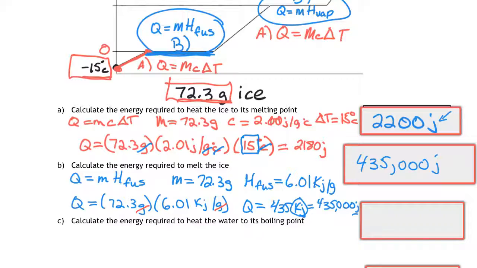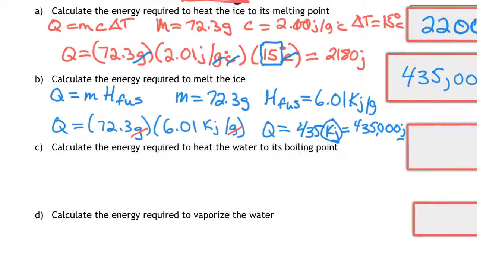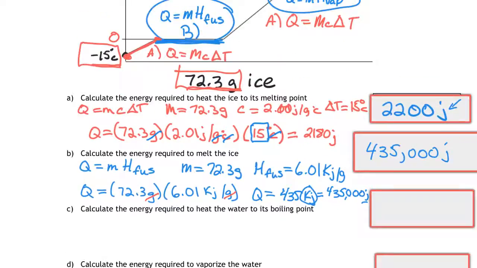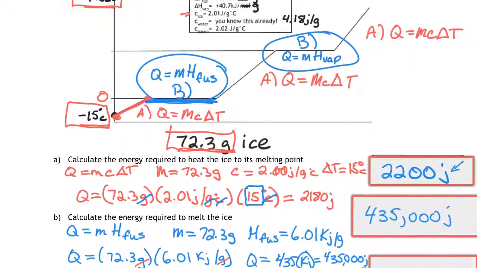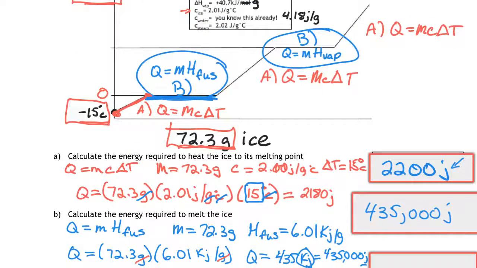Okay, and I'm on to the next one. Calculate the energy required to heat the water to its boiling point. Now I'm going to be looking at this portion of the line. I'm starting at 0 and I'm ending at 100 because this is water.